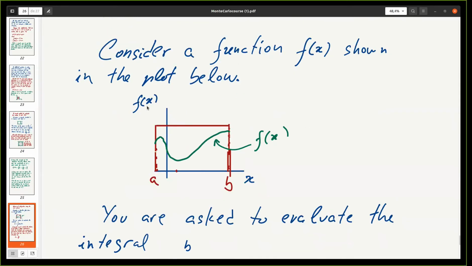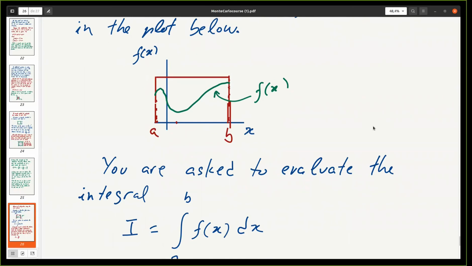So suppose that you have a function f(x) that is described here by this curve, defining some domain. It's a simple function of one variable, and you are asked to evaluate the integral of this function.